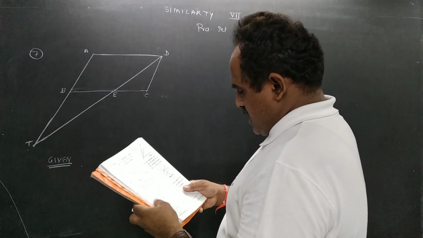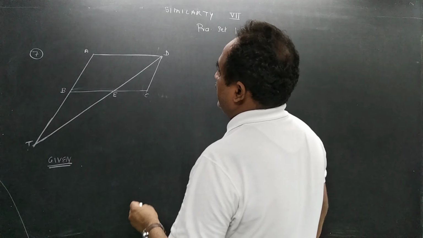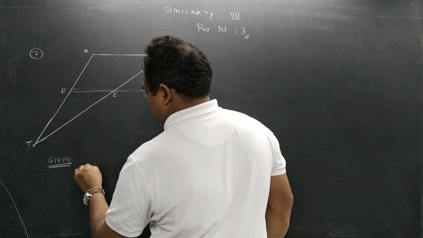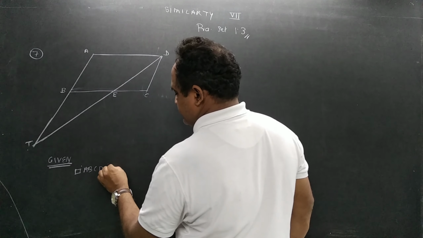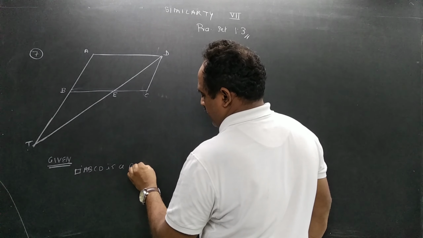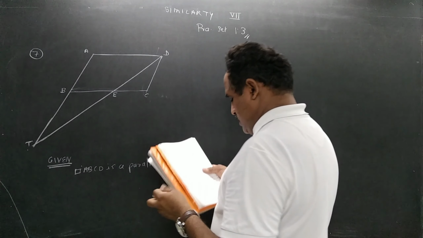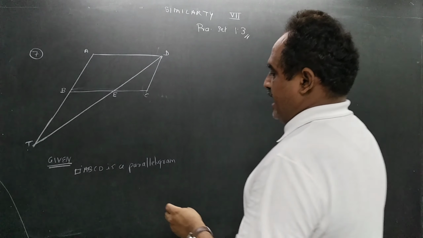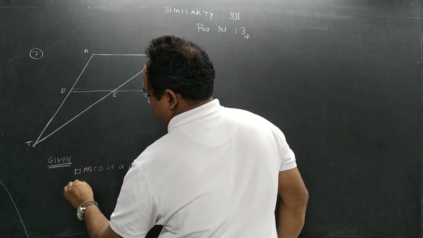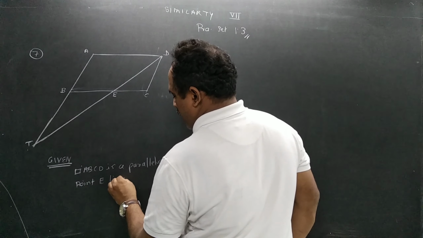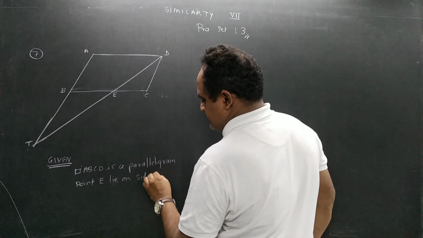Quadrilateral ABCD is a parallelogram. Then point E lies on side BC.